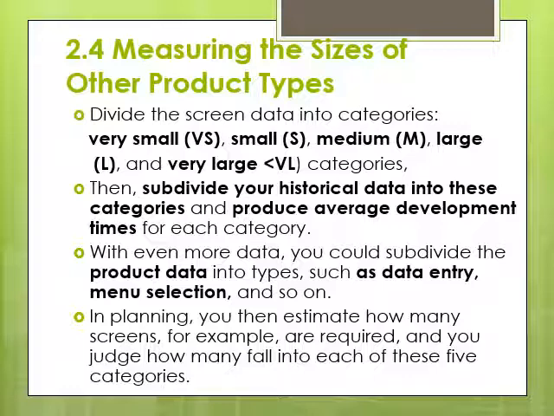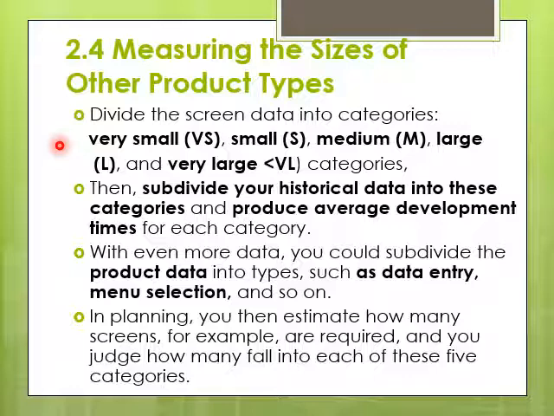With a reasonable amount of data, you could use the same procedure used for object lines of code. Divide the screen data into categories. Some screens might take an average amount of development time, whereas others might take very small, large, or even very large amounts of time.